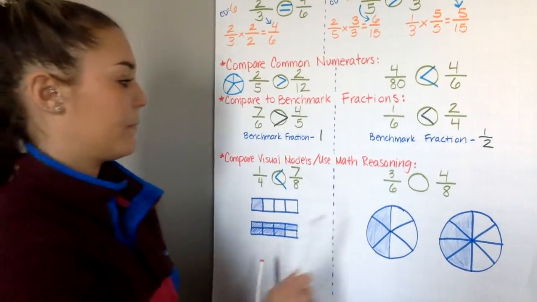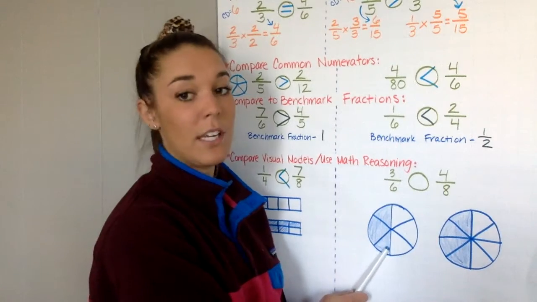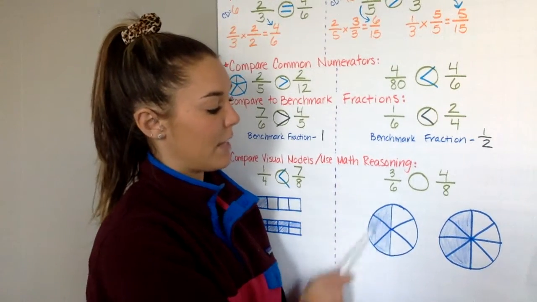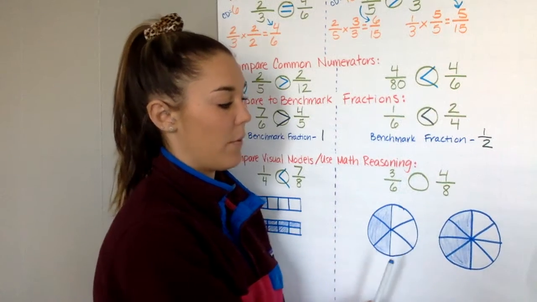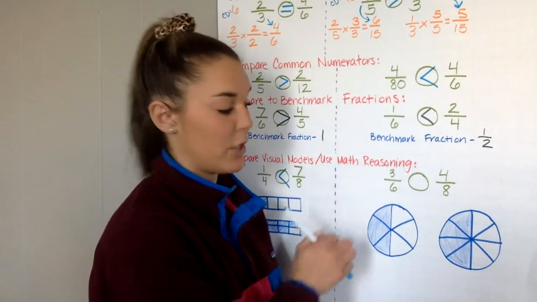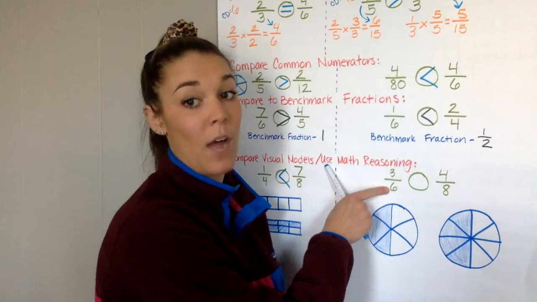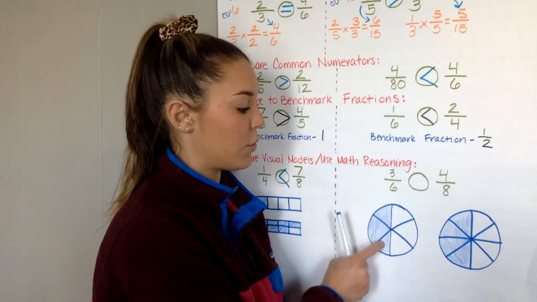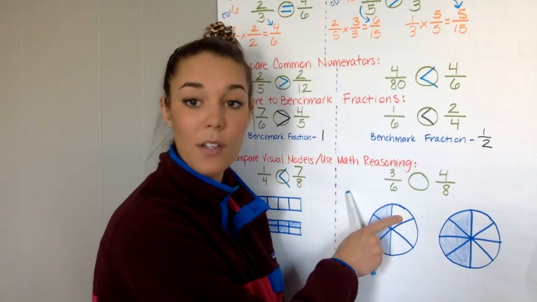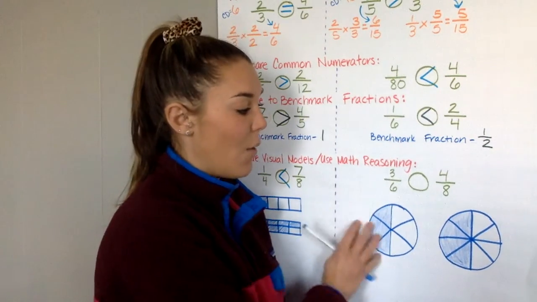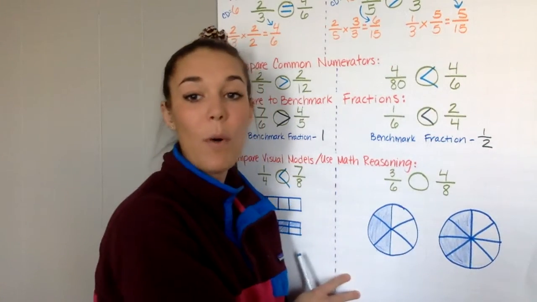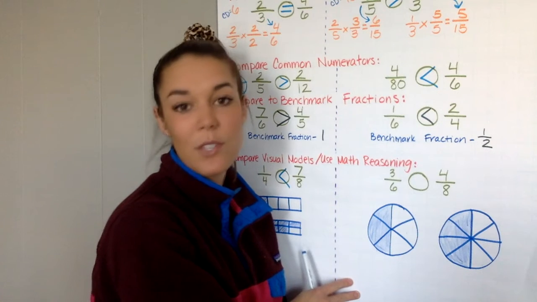How about this one? I made a visual model here for 3/6, I drew it out, and 4/8, I drew that out. Remember, when you're drawing fractions, the denominator is the number of equal parts you have. So Miss Chase drew 1, 2, 3, 4, 5, 6 equal parts, and I shaded in 3, right? When I look at these models, I hope all you guys at home are saying, those are the same, Miss Chase.